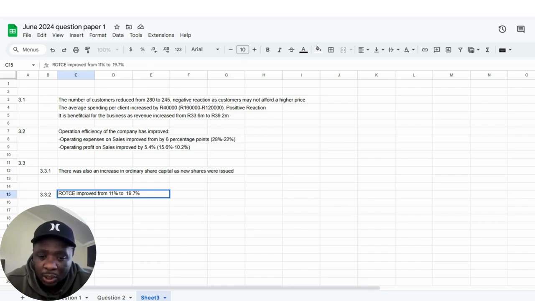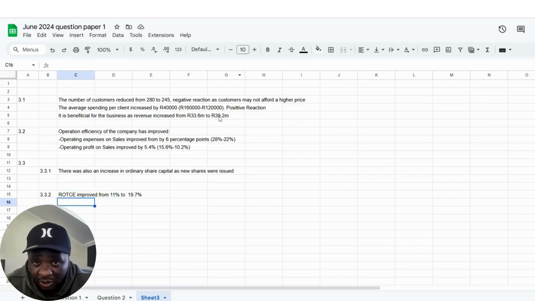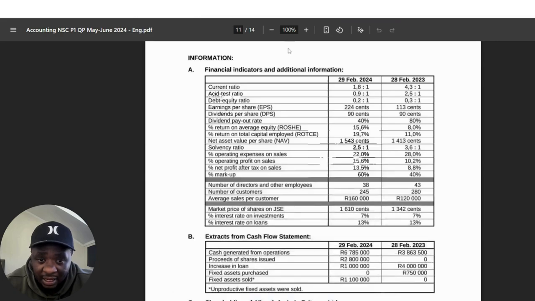And then the second point, because it says that we need to, quote, aside from the debt equity ratio. So the other thing that I would then look at is the interest rate on the loans, which I will then also compare with the return on capital employed. Let's see if we can find the interest rate on the loans.